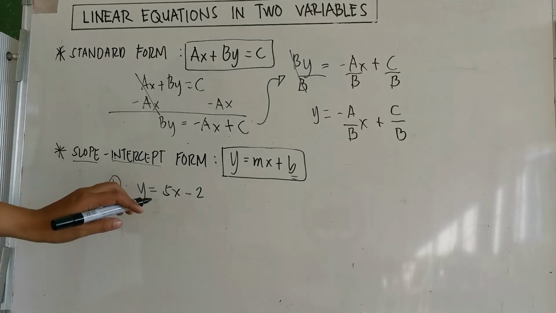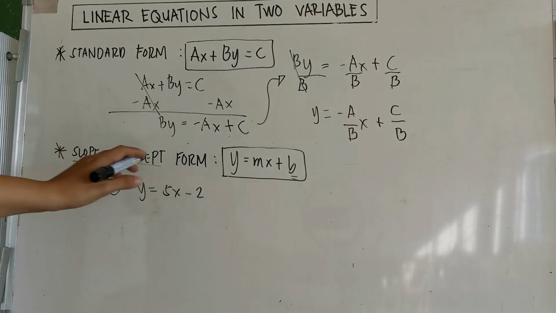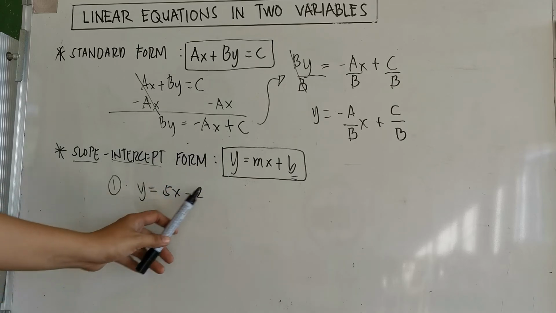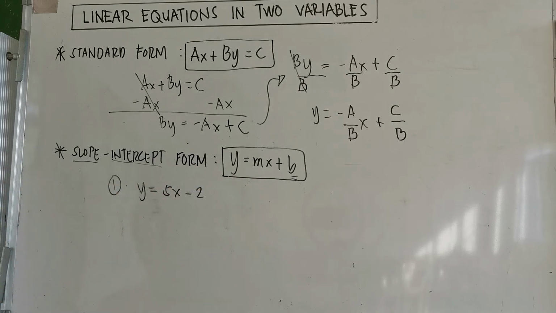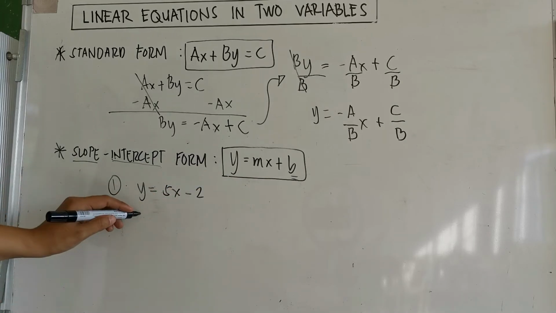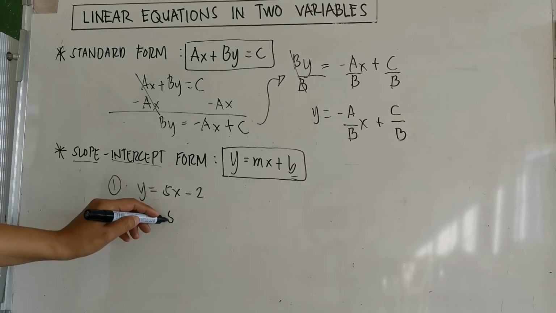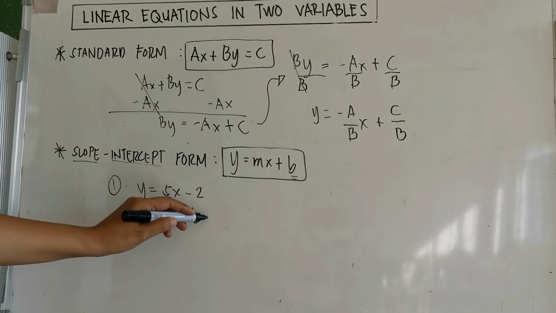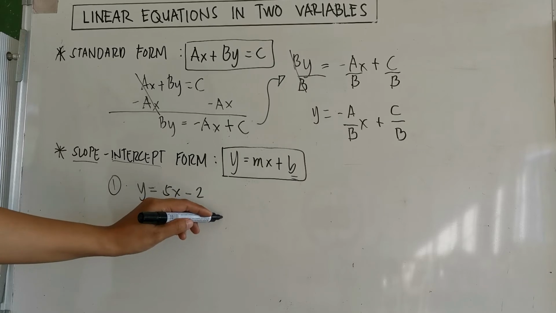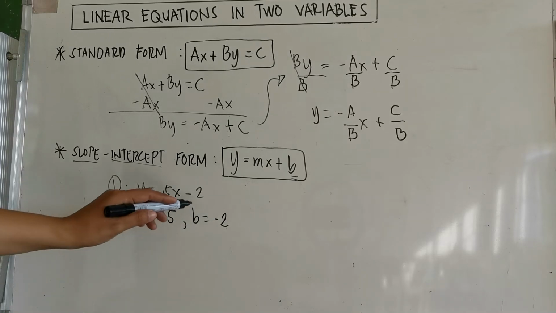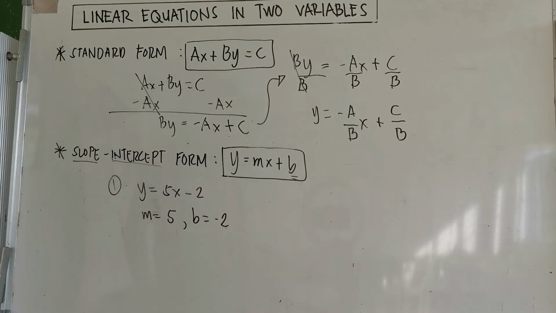Okay, so this is written in slope-intercept form since siya ay nakaayos using y is equal to mx plus b. So kaya identify natin, ang value ng m ay yung coefficient ng x, which is 5, and our b is the constant or negative 2. Or, ang tawag na natin sa kanya ay y-intercept.